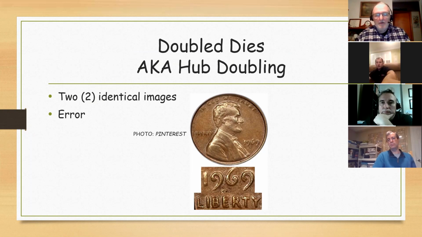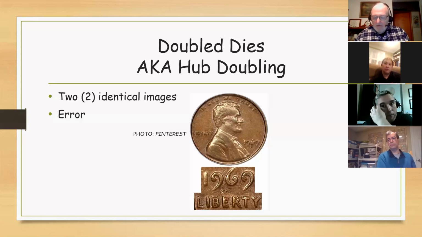So that means that you could have that anywhere on that 90 degrees. Double dies that are a result of misalignment are variously characterized as rotated, offset, pivoted, or tilted.